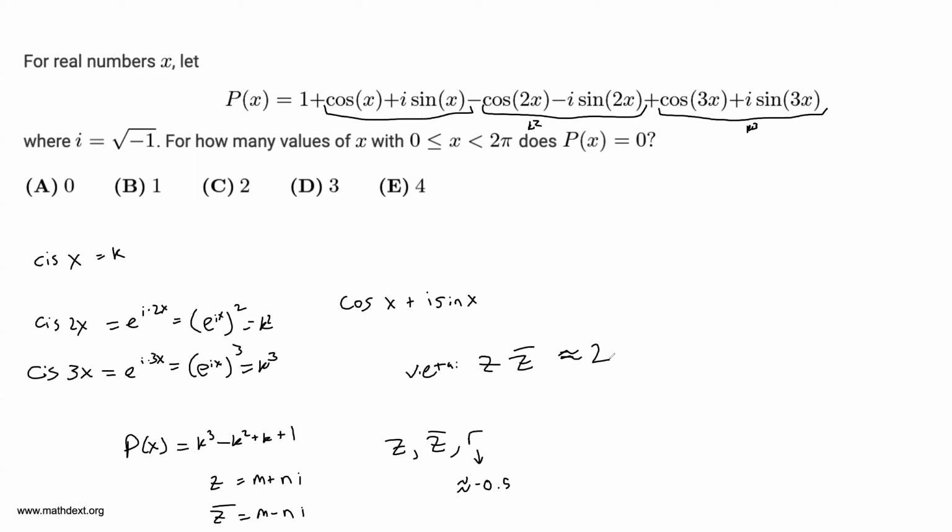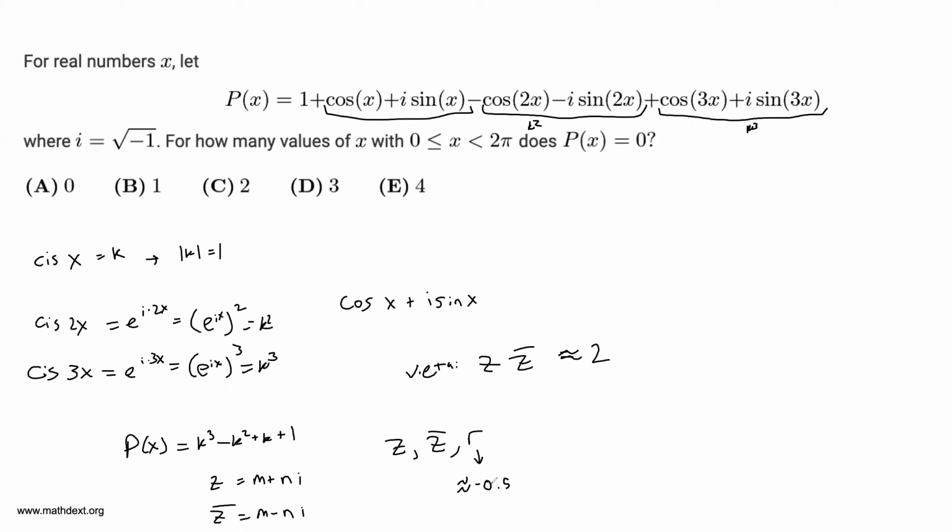And the reason is because back when I said that CIS of x always lies on the unit circle, this implies that the magnitude of k is equal to 1. However, k is either z or the conjugate of z, because it can't be -0.5 or whatever r is, because r does not have magnitude 1.